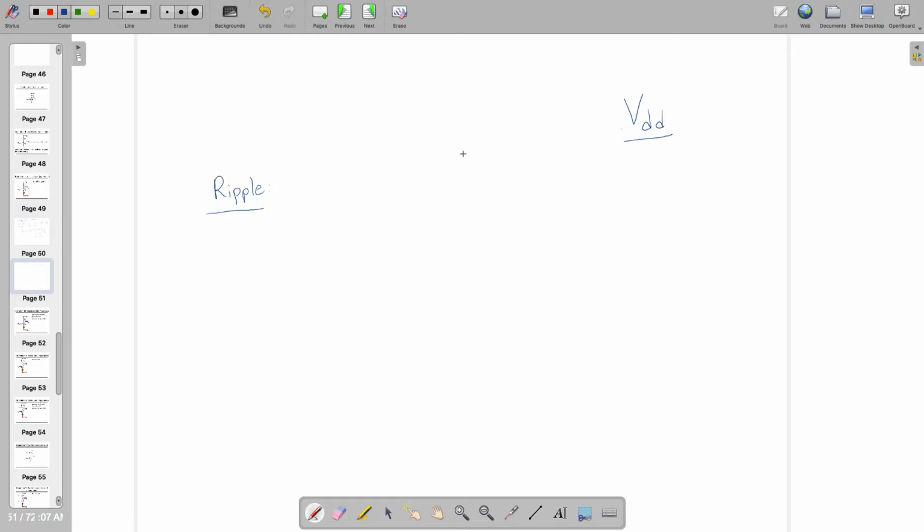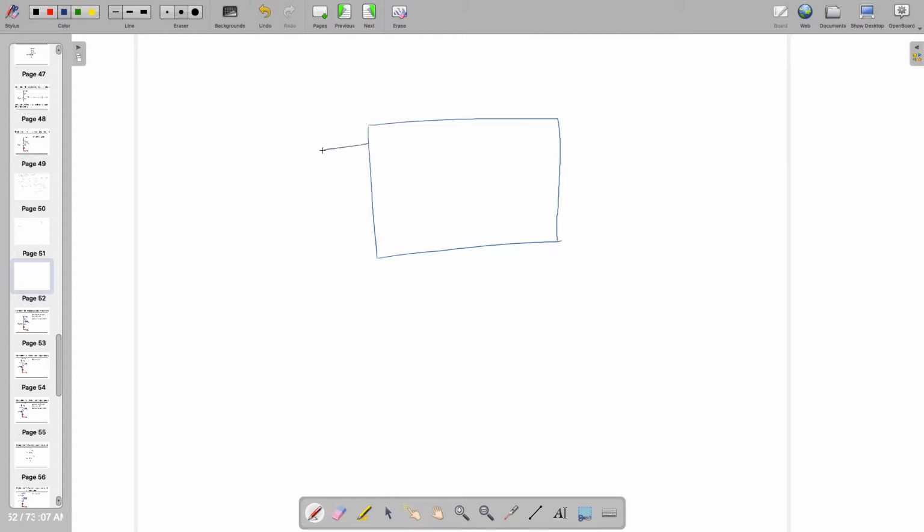So the problem here, let's assume that I want to design a circuit. Here I need 5 volt. How to generate 5 volt? Now do you know the answer or no?